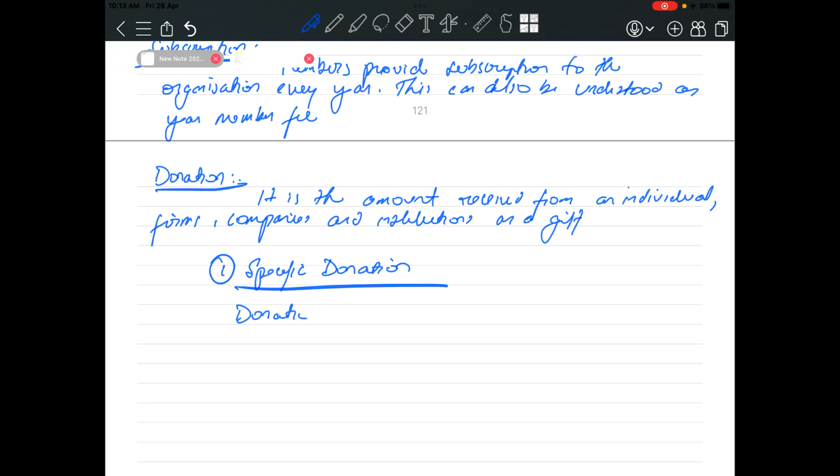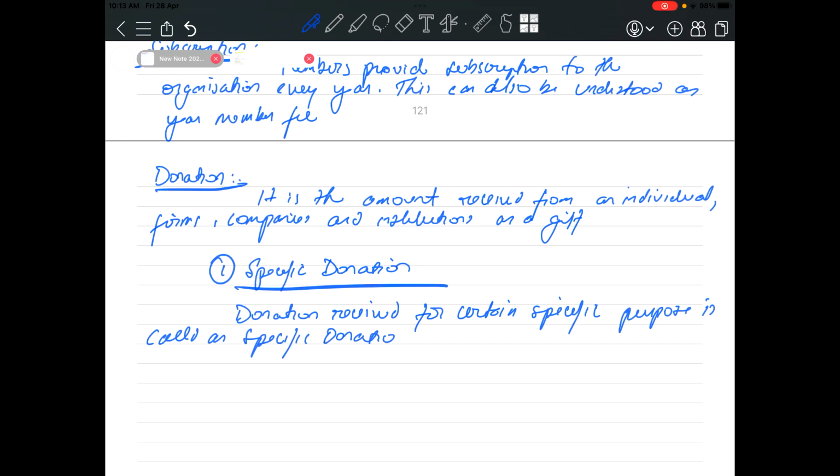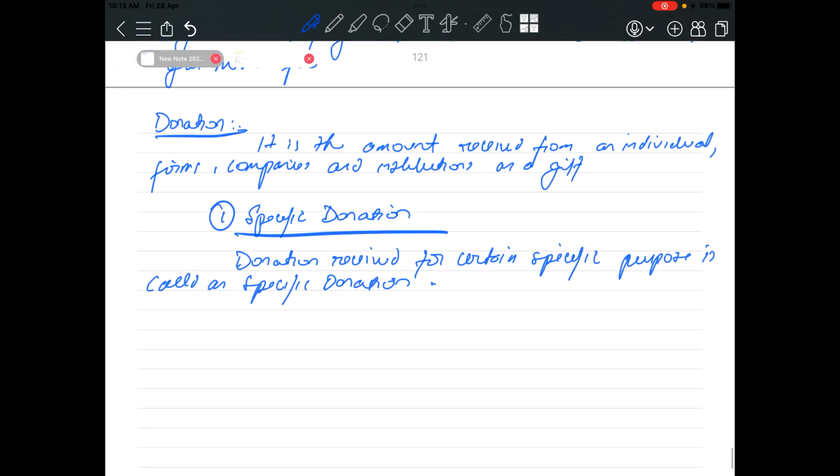Donation received for a certain specific purpose is called specific donation. What can be its examples?